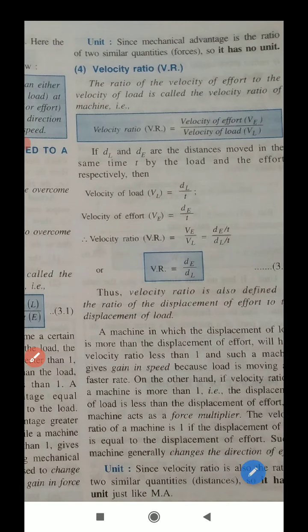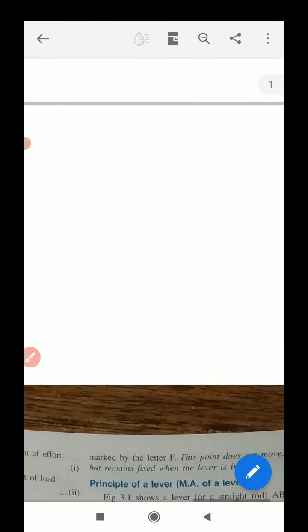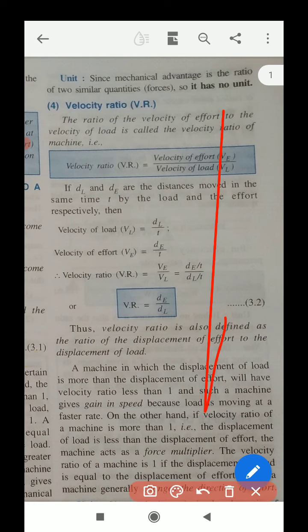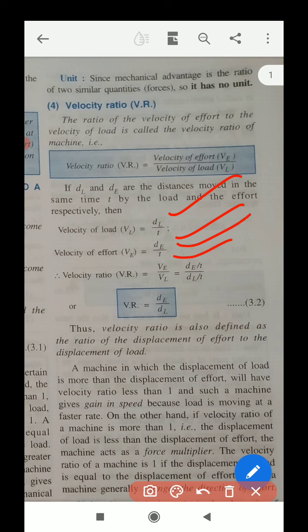When you zoom, you can see the velocity of load is distance by time, and the velocity of effort is also distance by time. If you divide effort by load, you get dE by dL, that is the velocity ratio. It is also used to understand the third type.